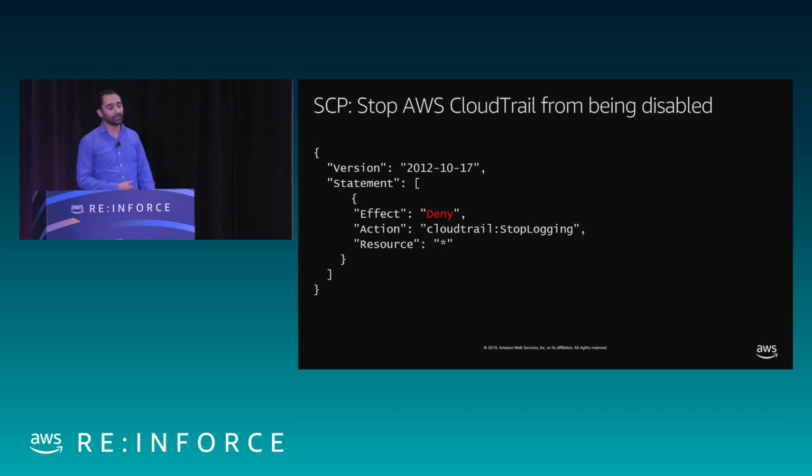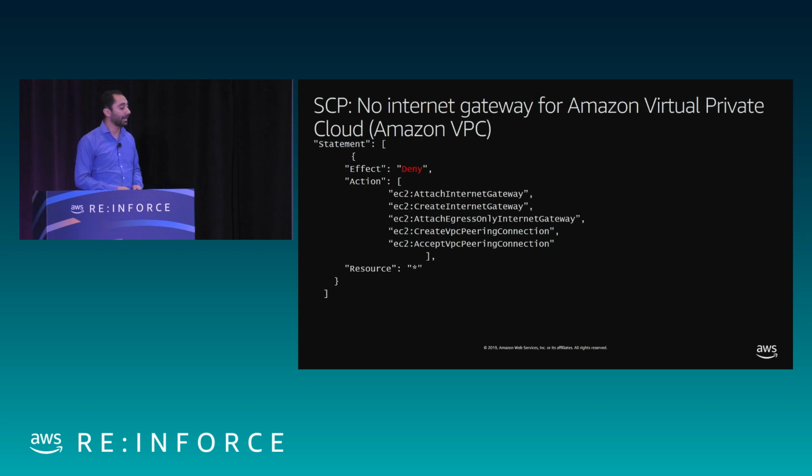I can put that service control policy at the master level, and it supersedes any privileges in the sub-accounts, even the root account. So nobody can go in and stop it. Or if I've got a production account, and I don't want anybody to have an internet gateway. It's an isolated VPC. I can add a policy like this.